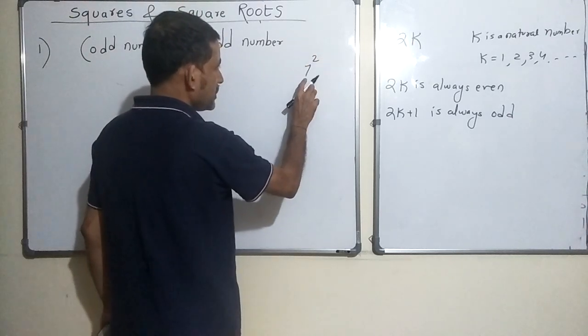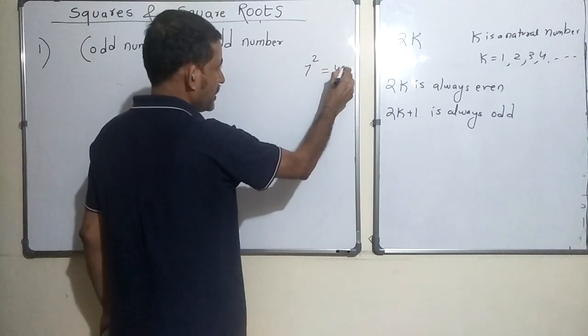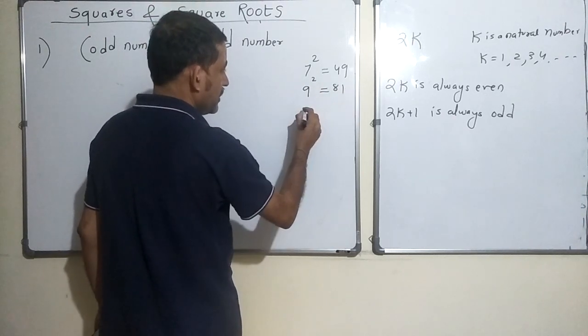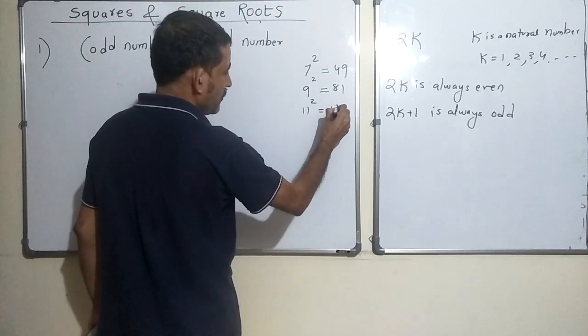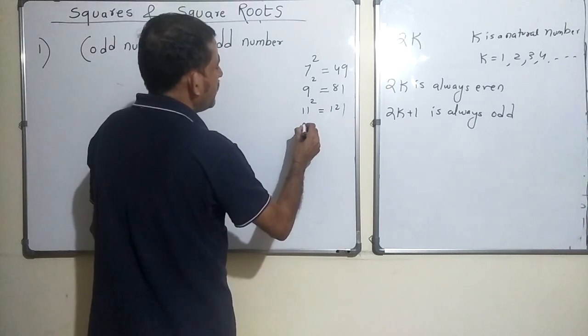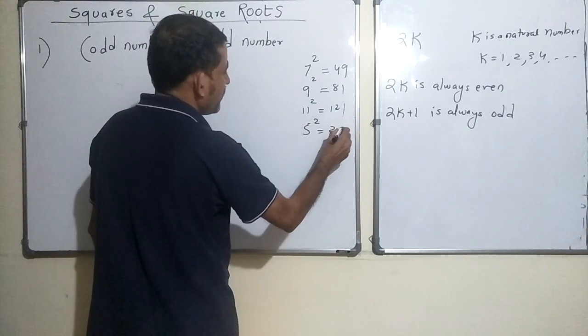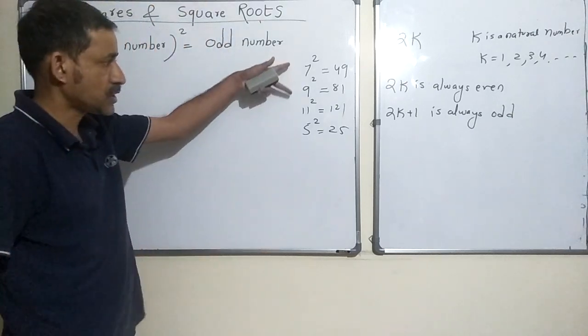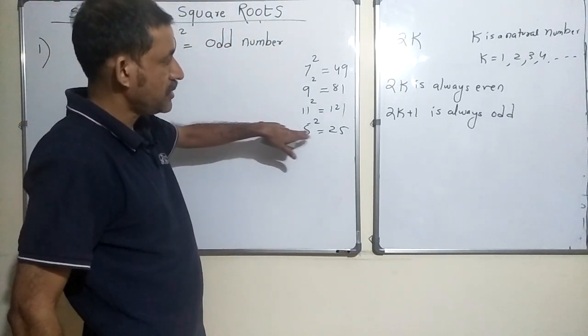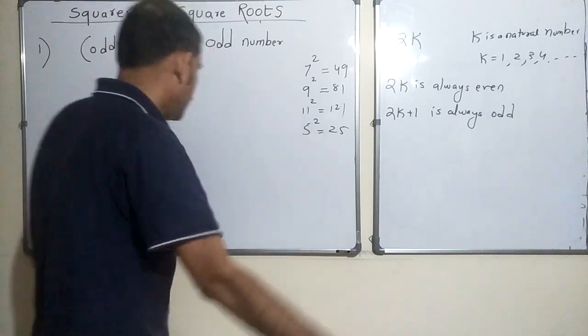Square of 7 is 49, again odd. 9 square, 9 nines are 81, odd again. 11 square, 121. You can take some more examples. 5 square, 25. All are odd numbers. So you take an odd number, find out the square of that number, it is always odd. Let's prove it.